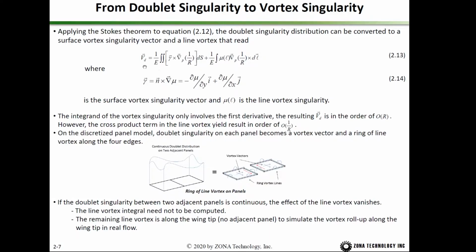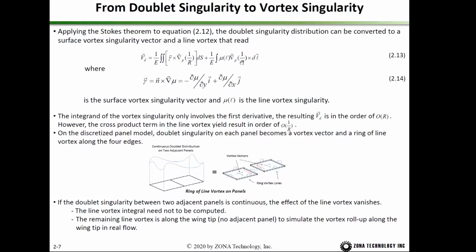So gamma here is called surface vortex singularity vector. And so if you look at this integral, we only have 1 derivative, so it's 1 over r cubed, but we have 2 integrals. So the resulting integral solution is in order of r, it's regular.